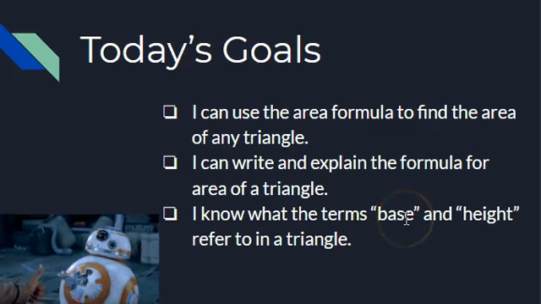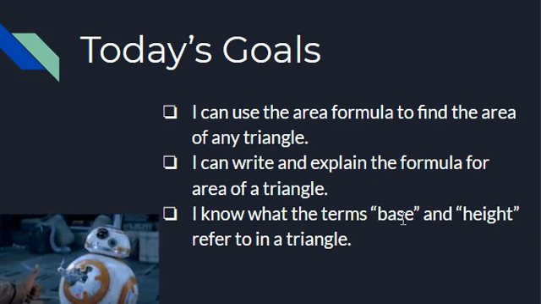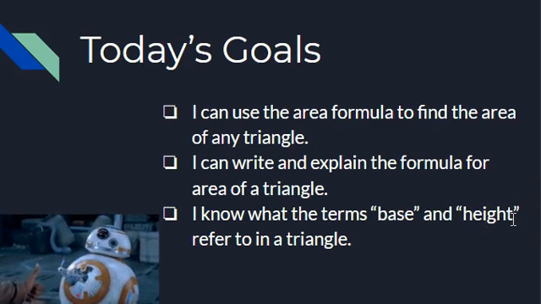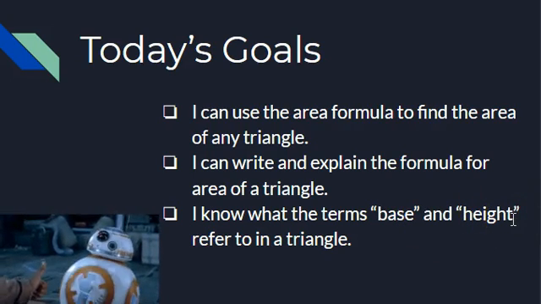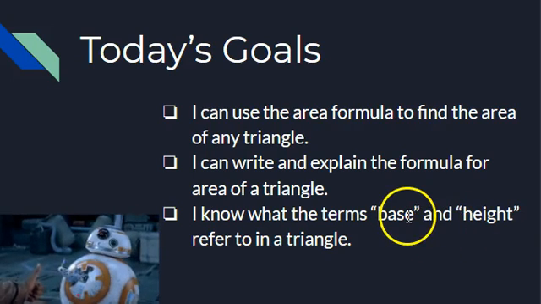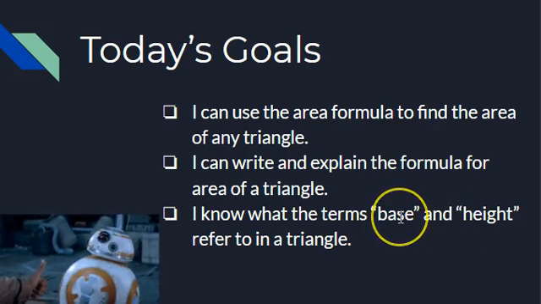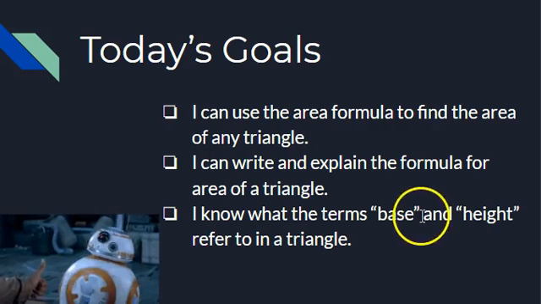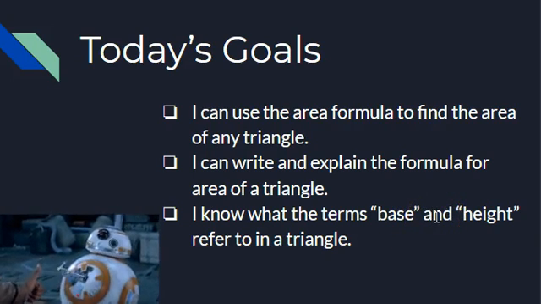We talked about base being the line that we're using for whatever base that we are, and our height has to be that right angle perpendicular line off of the base to the tallest part of the opposite side. So that opposite vertex. Okay, we're all set. Make sure you've got all this down, ready to go on.